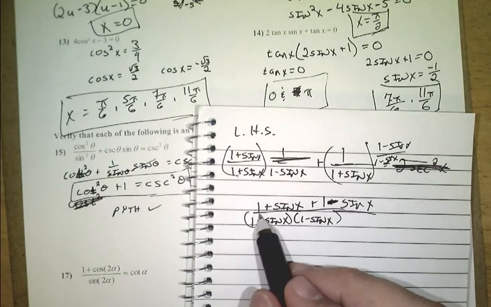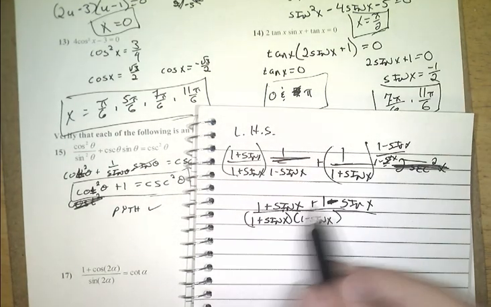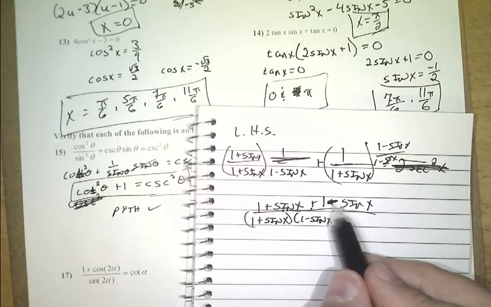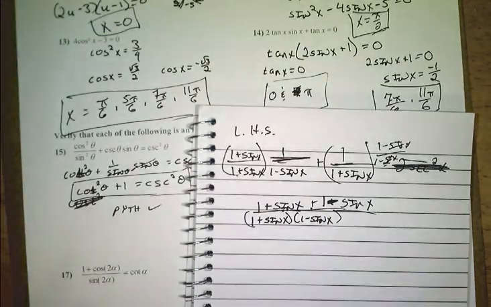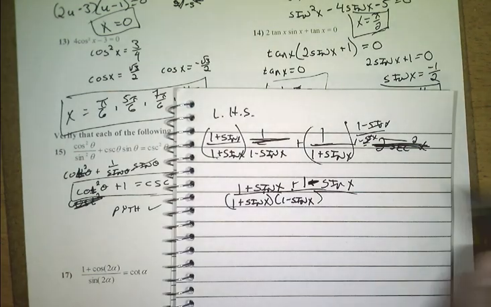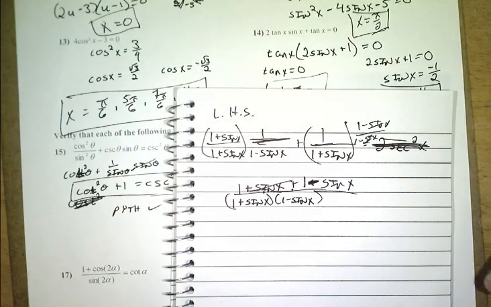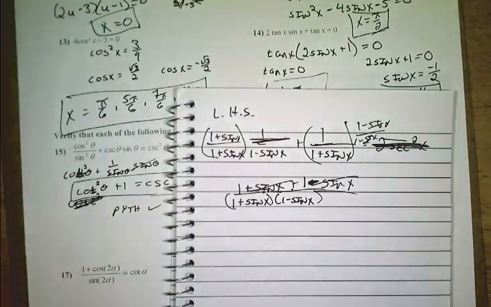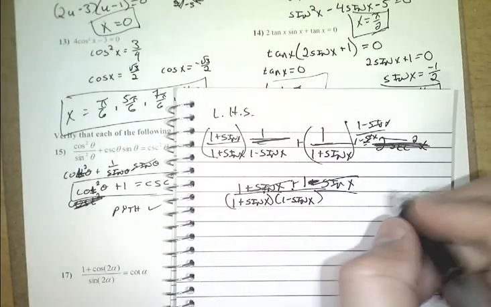So I have 1 plus sine x plus 1 minus sine x. Now, I have a positive sine x on top and a negative sine x on top. Those are going to zero out, which leaves me with a 2 on top.